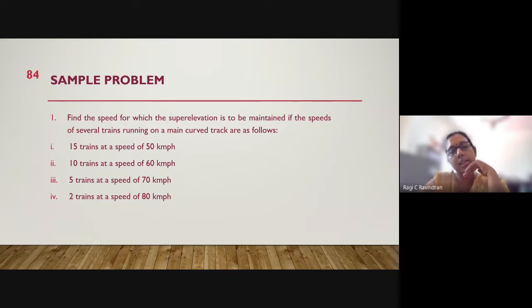So these are the data that we have. These many trains with corresponding speeds are going to utilize a particular railway track. Now you need to find the equilibrium speed, and for that you need to do the weighted average method. Take down the question.